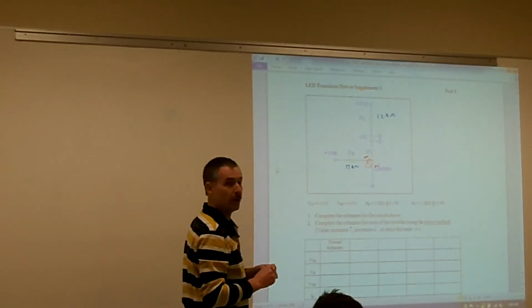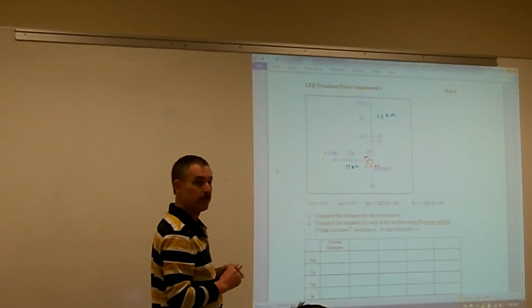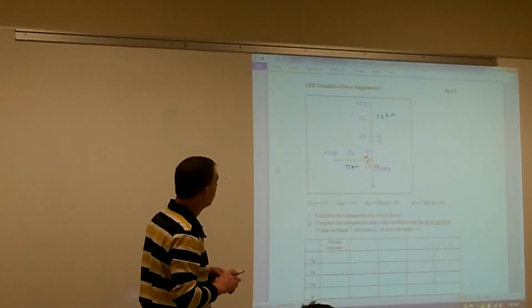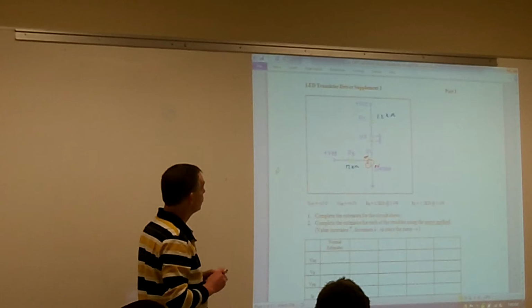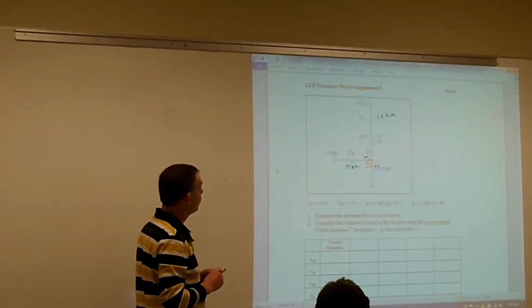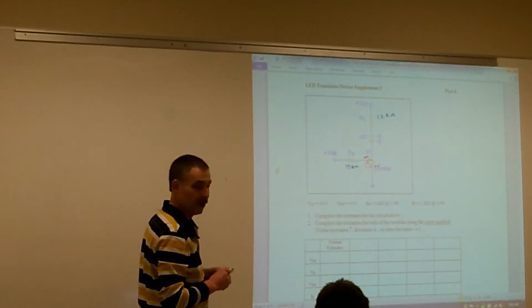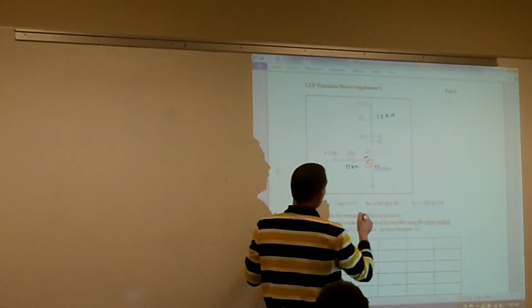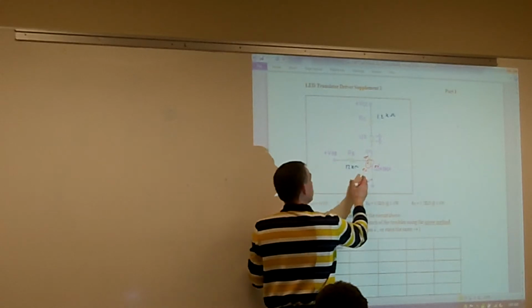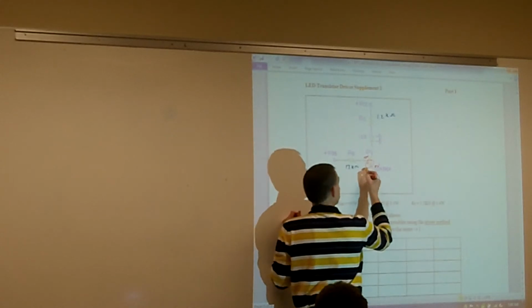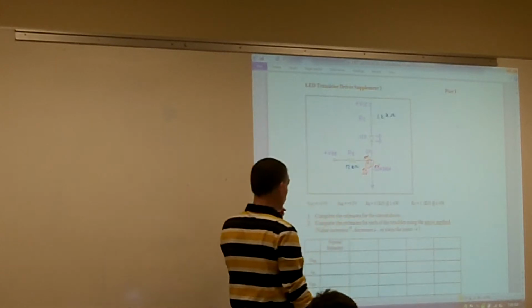Would that be a go or no go from our base to emitter? It's going to be a go, and it's going to drop 0.7 volts. So our base to emitter is going to drop 0.7 volts.